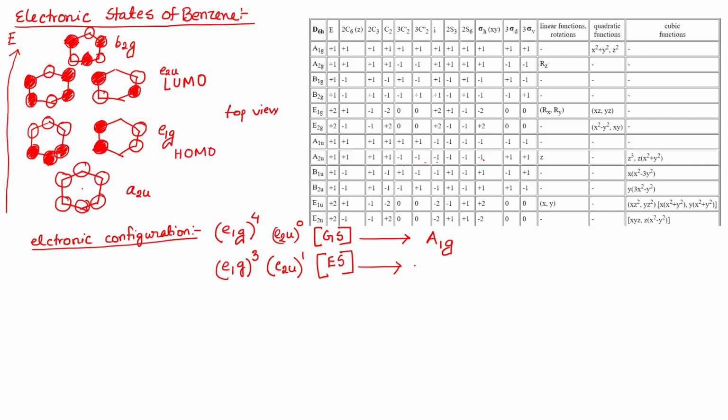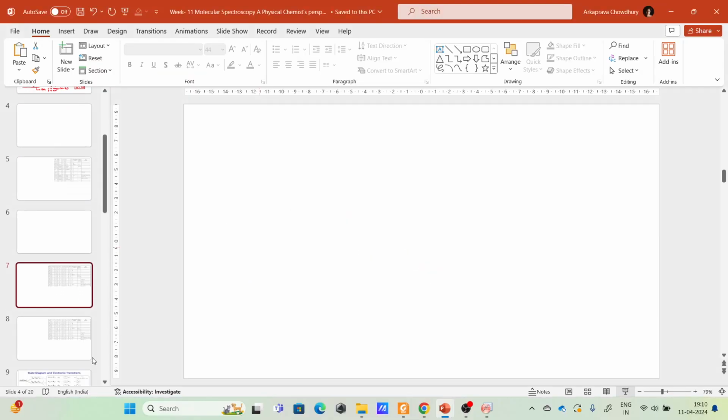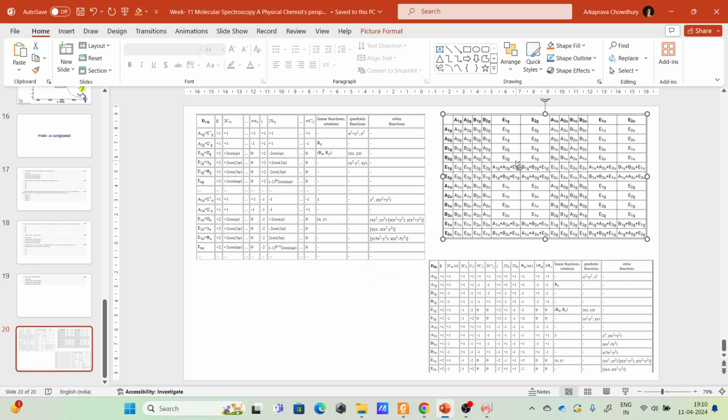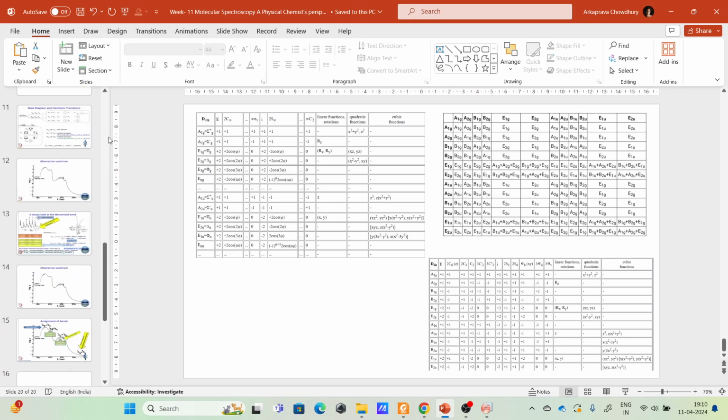E1G belongs to E1G, okay, multiplied by E2U. So if you look at a product table, do I have it? I think I have it. I just have to go down here. Just copy it.